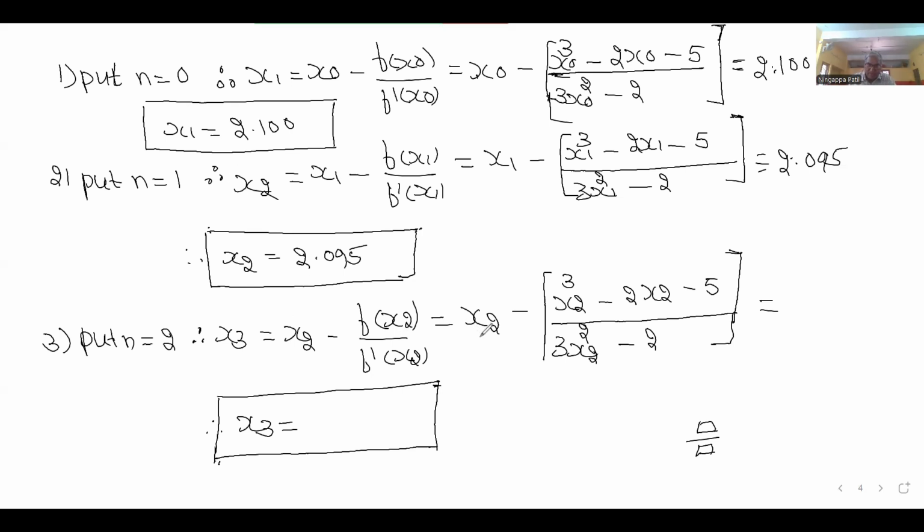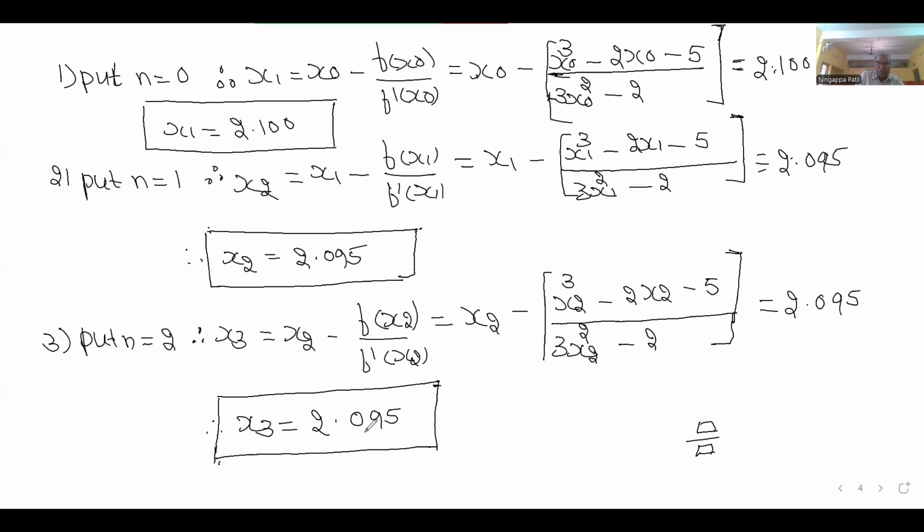Now this is the next iteration we want. What do you do? Simply press the calculate button once again. Then 2.095 is coming. Look here, this is also 2.095.